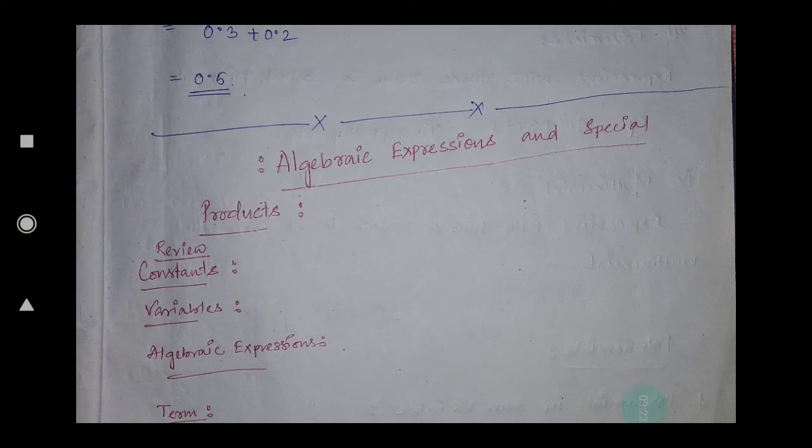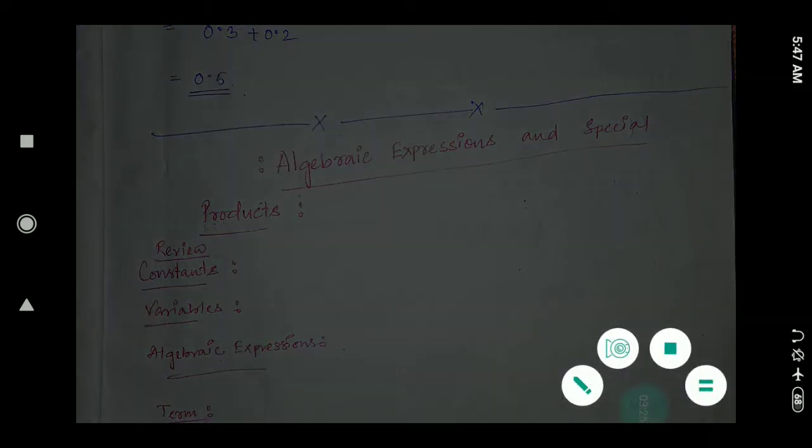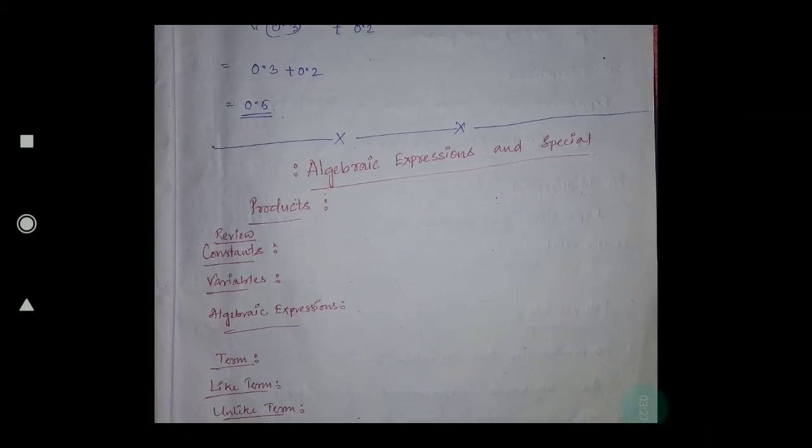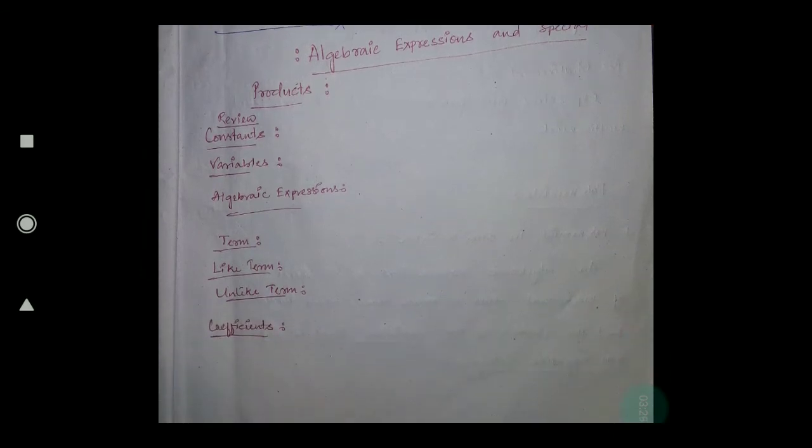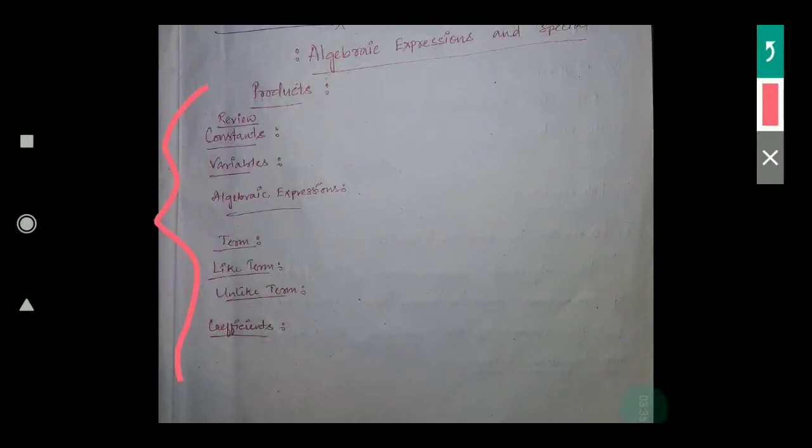In algebraic expressions and special products, already in class 7 you have gone through constant, variables, algebraic expressions, term, like terms, unlike terms, coefficient. Today I will just give you a review of all these definitions, and you have to write all the definitions by yourself.